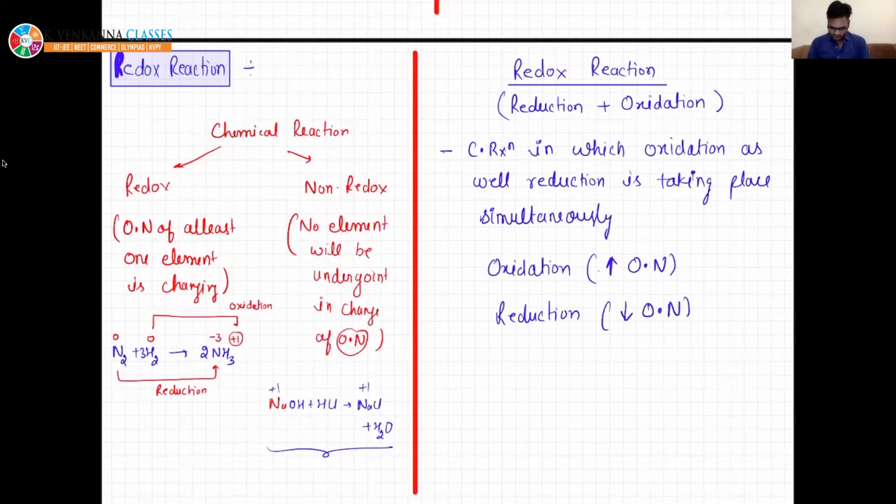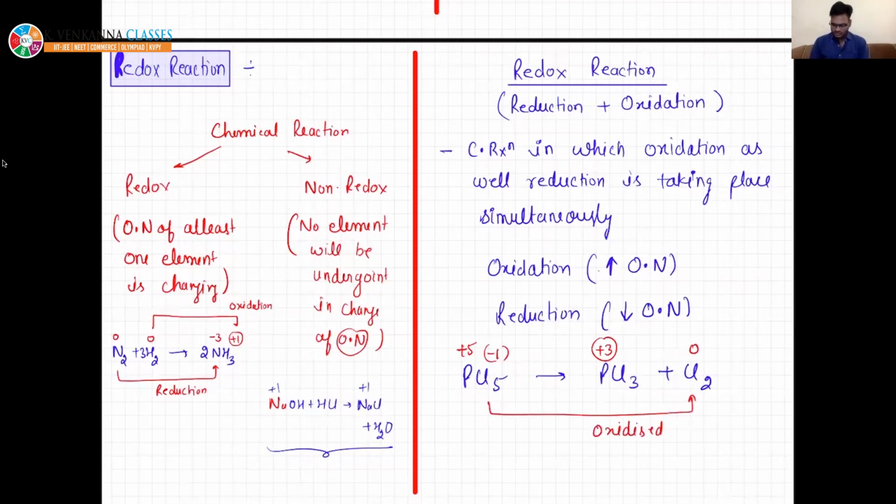If you see PCl5 going to PCl3 plus Cl2, here phosphorus is +5, chlorine is -1. Now phosphorus is +3 and here chlorine is 0. So in this case, chlorine is getting oxidized, its oxidation number is increasing.